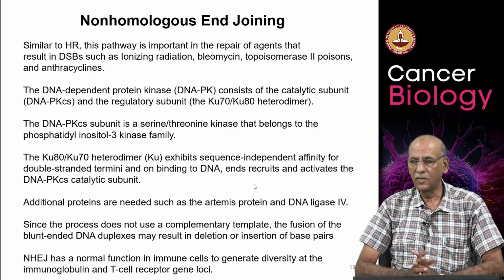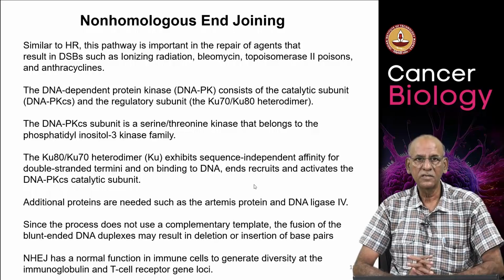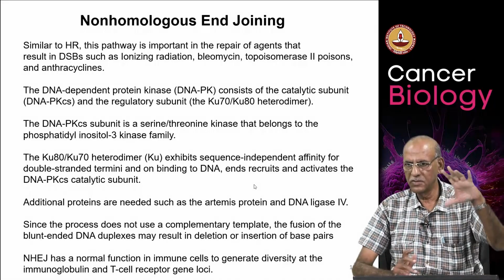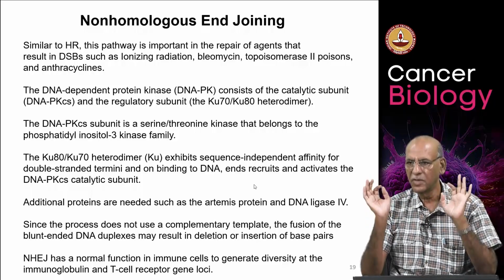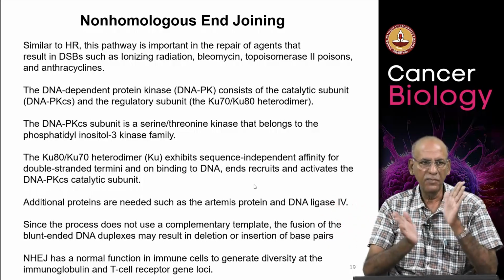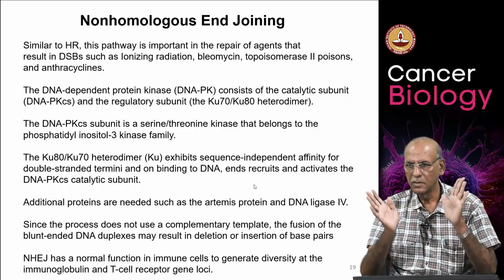Now, there is another one. Opposite to this one, non-homologous end joining. So, this is another process. We saw how the homologous one is based on the homologous chromosome. You have the other copy which is normal, from that you take the complementary sequence to repair that.